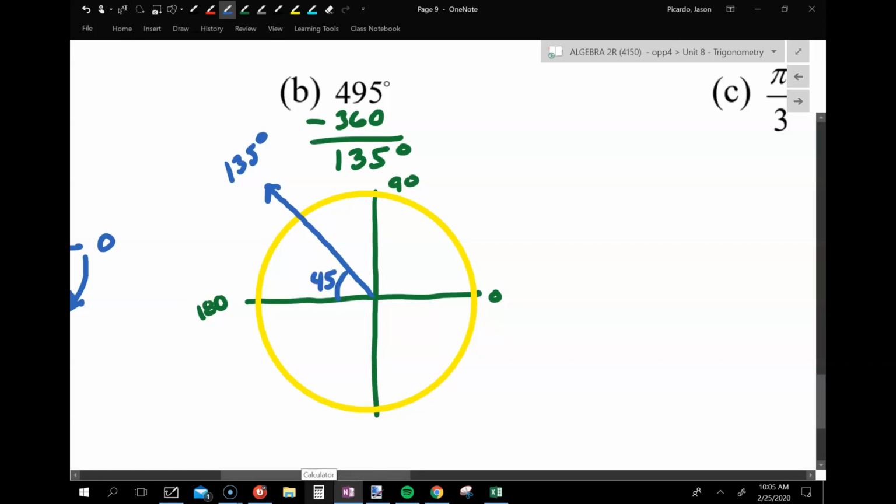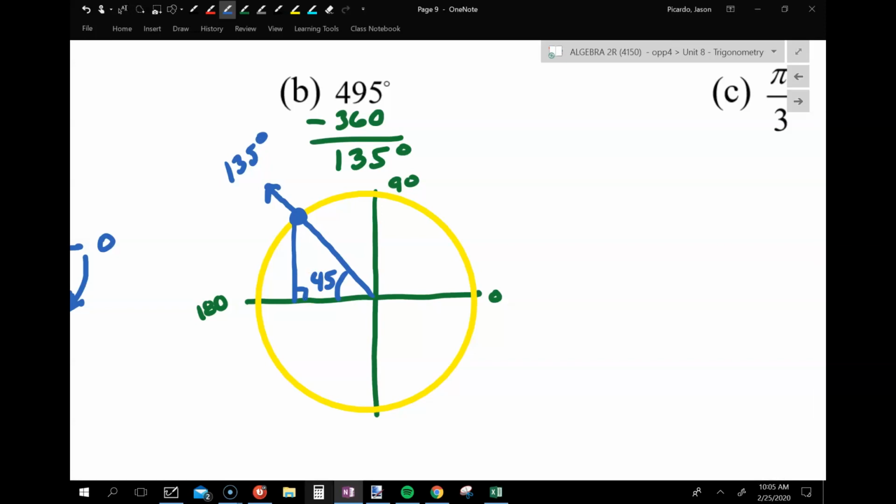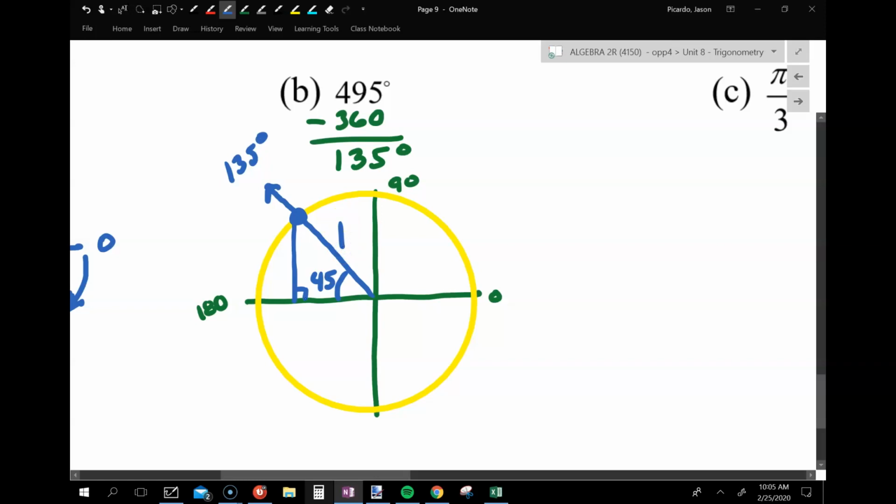Okay, what am I going to do now? I want to label this point right here. Bring it down, drop it down. That's got to be my right angle then, right? What's the other angle that I didn't write down? It's also got to be 45, right? Do I have a radius? This is 1. What are the other two sides?